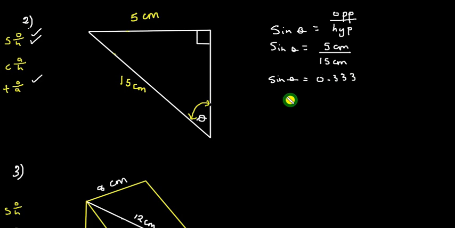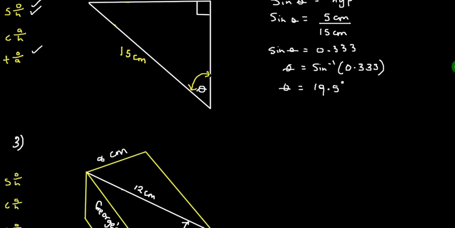Again, we want to get rid of sine in order to find theta. So we multiply both sides by sine inverse. So theta is equal to sine inverse of 0.333. The result is 19.5 degrees. Very, very easy.